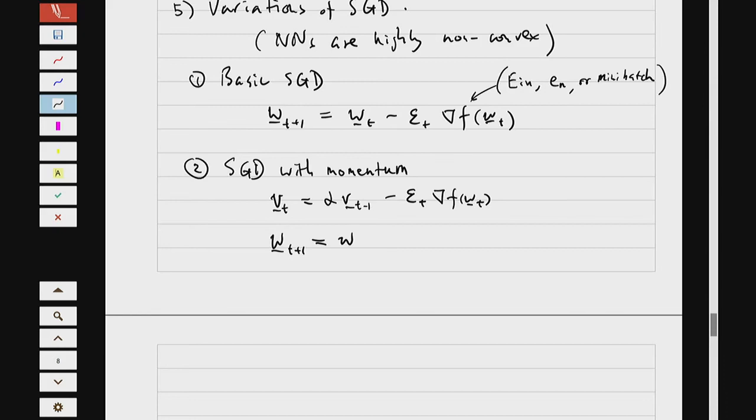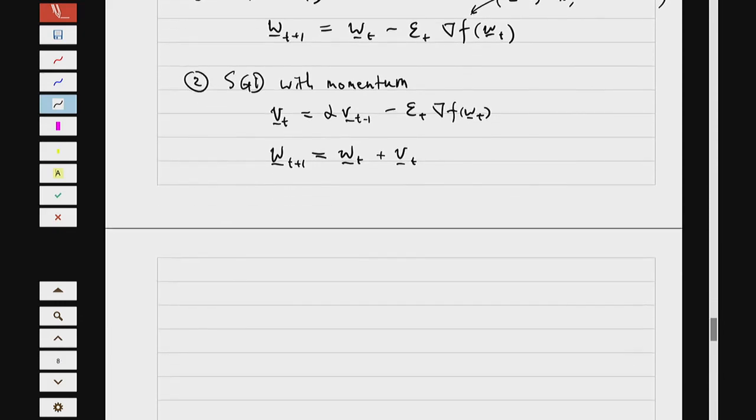You can view w as the location of a ball, and V will be the velocity of the ball. So to update the location, you just add the velocity. And to update the velocity, you just add the acceleration. The gradient serves as the acceleration for your velocity. But then you also remember some of the past velocity as well.